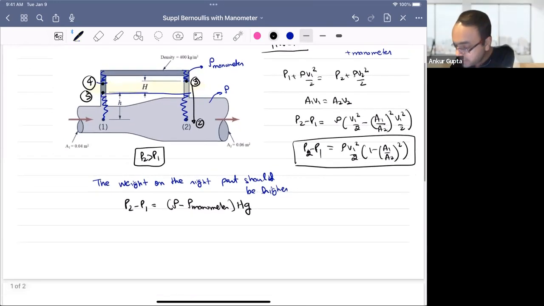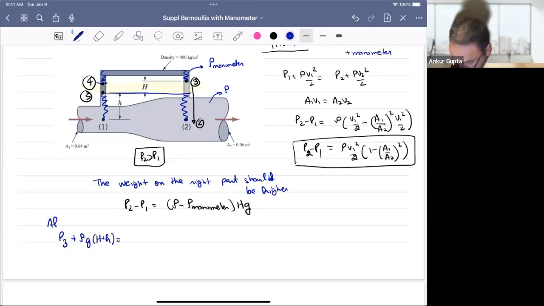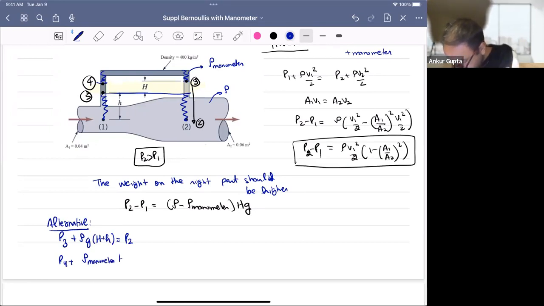So you can also make the case that P3 plus rho g, and I'm using rho g h rather than gamma just to be consistent, this height is H plus h, and I can use hydrostatics. This is the alternative. P3 plus rho g (H plus h) is equal to P2. Then on the other side, P4 plus rho manometer g H is equal to P5.